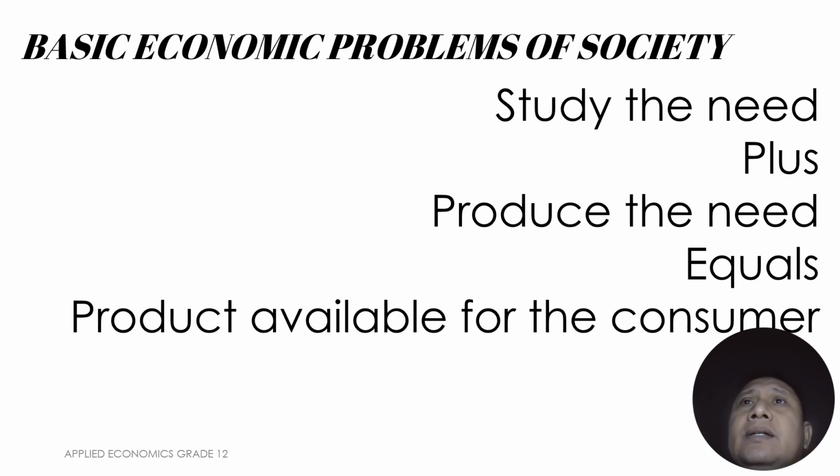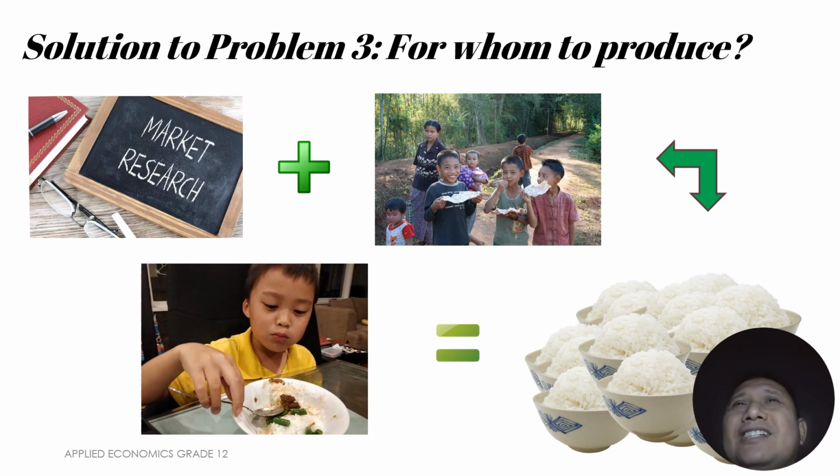Study the need, plus produce the need, plus product available for consumers. The formula. So, yan. Study the market. Siyempre, alam mo, kanino mo ipoproduce? Hindi mo mapoproduce kung di mabebenta. So, market research. Now, you found out, mga tao, favorite nila yung rice. Yun ang poproduce mo para sa kanila.